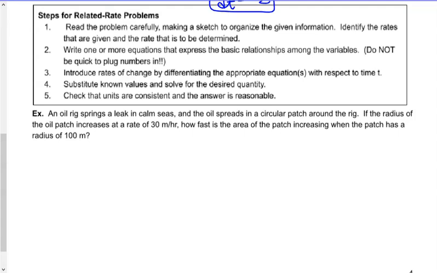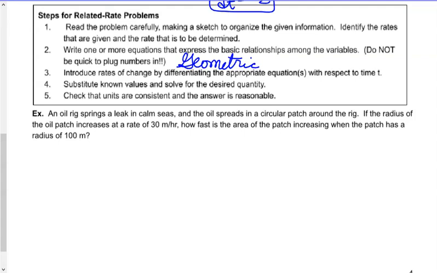Number 2, we want to write one or more equations that express the basic relationships among variables. I will tell you there are a lot of geometric formulas that you would like to have here. So make sure that you know area, circumference, and volume of different kinds of shapes, because that'll help you out. Now, be careful in this step to not quickly plug numbers in.